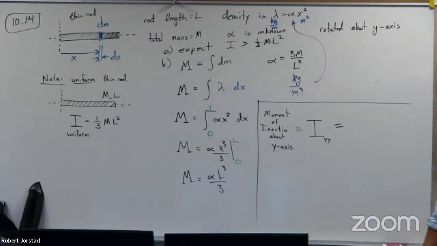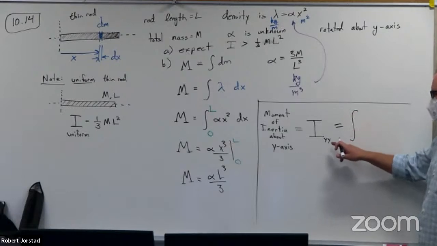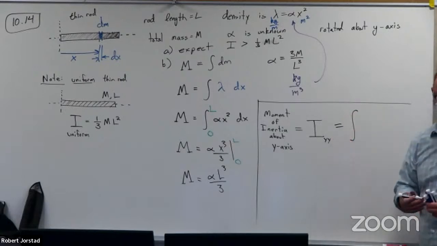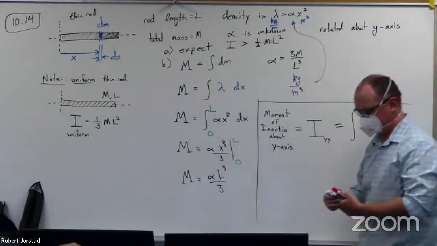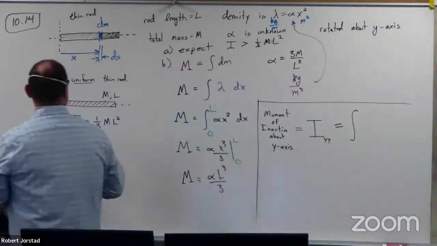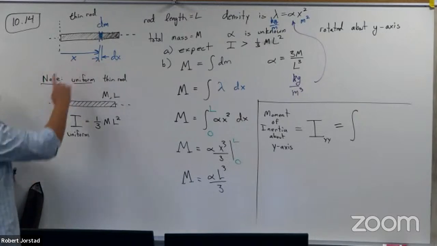Now in this case, I forgot what the problem was. Where are we? Trying to get the moment of inertia. Okay. I want to go about the y-axis. I slice it parallel to the y-axis. Oh, we've already done that. So if I want the moment of inertia about the y-axis, my radius becomes x.